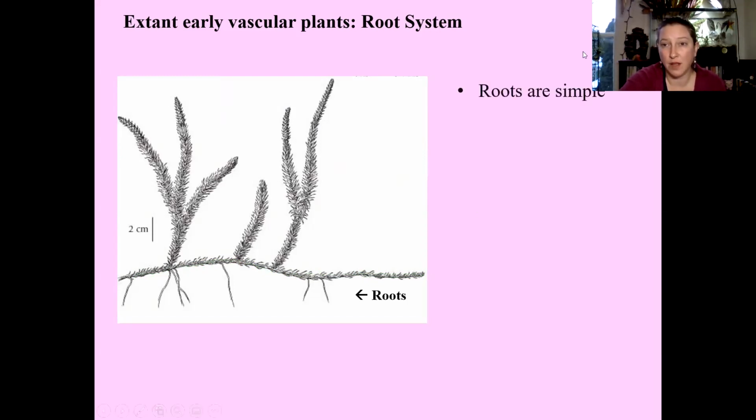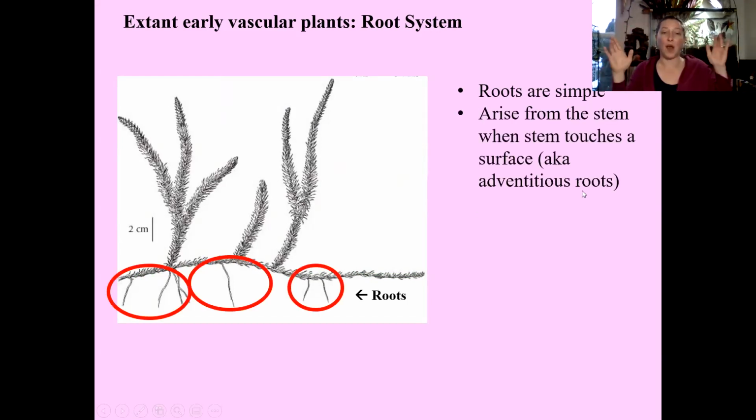My head is probably covering it, but roots are simple is what that says. And the roots basically will show up along the stem wherever the stem touches the ground. So in these red circles here, you can see this plant would have been ripped out of the ground, and these little roots would have been where the plant was touching the surface of the ground.